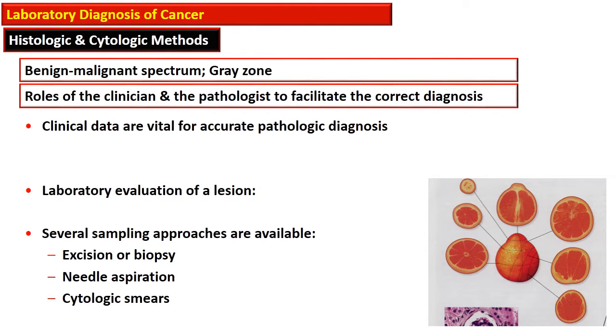There are several sampling approaches for these histologic and cytologic methods. Some are excisional or biopsy, or needle aspiration, or cytologic smear formation.